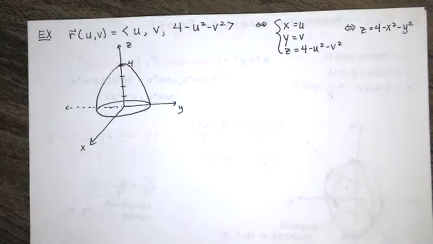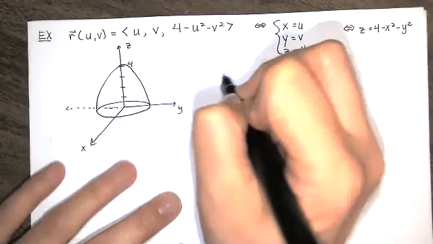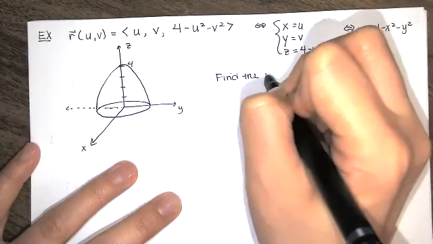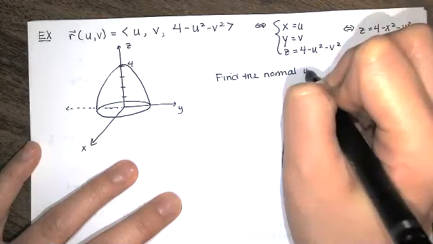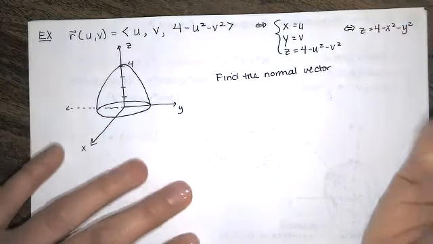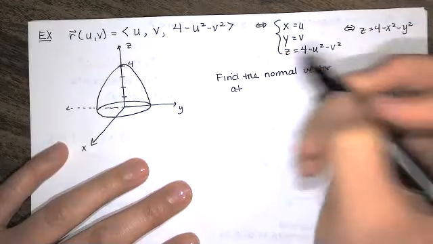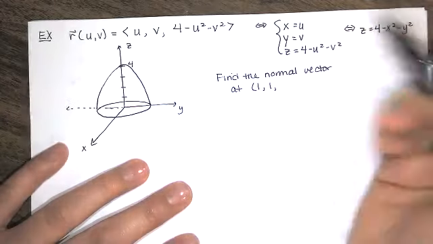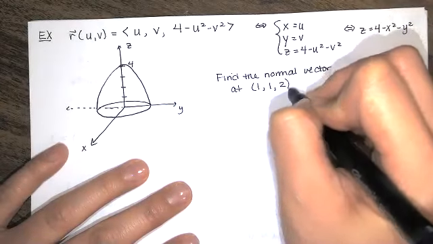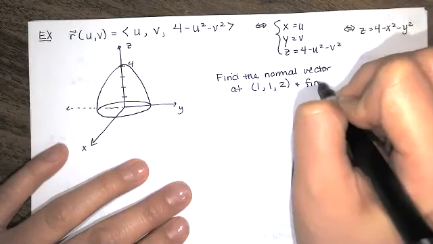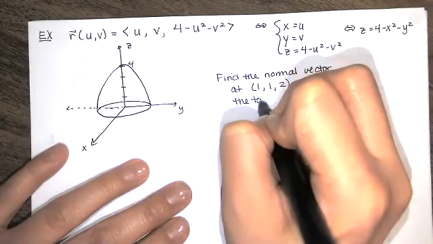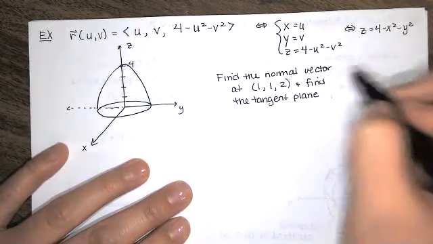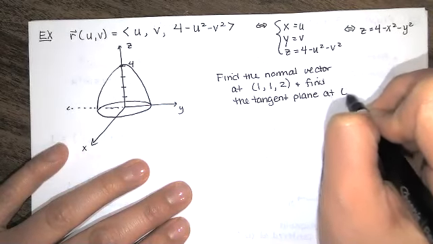Okay, now let's say somebody asks you to find the normal vector at x equals 1, y equals 1, and then z would have to equal 2, and then find the equation of the tangent plane at that location.